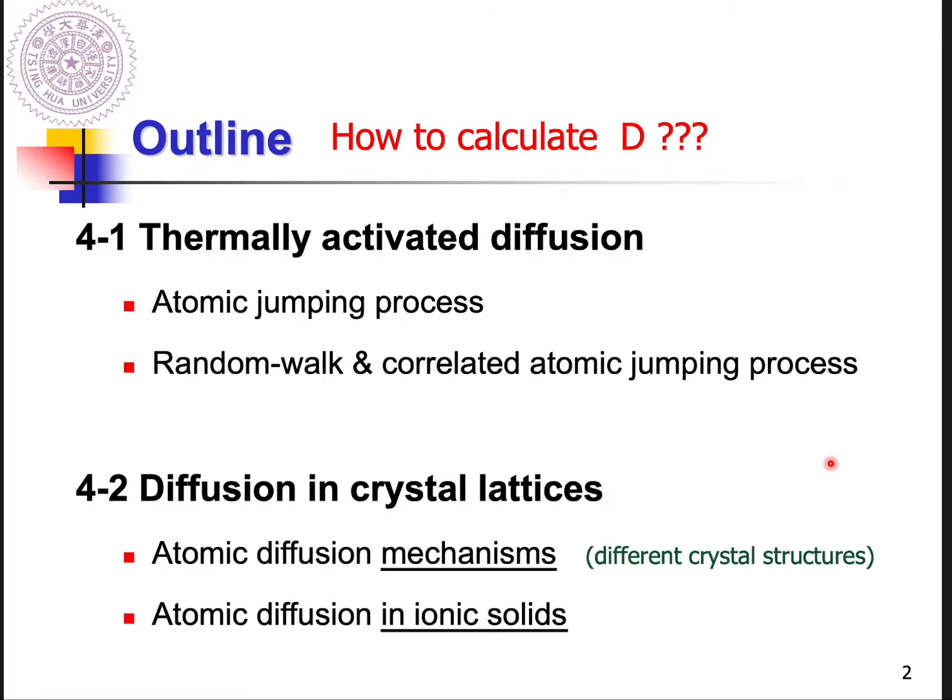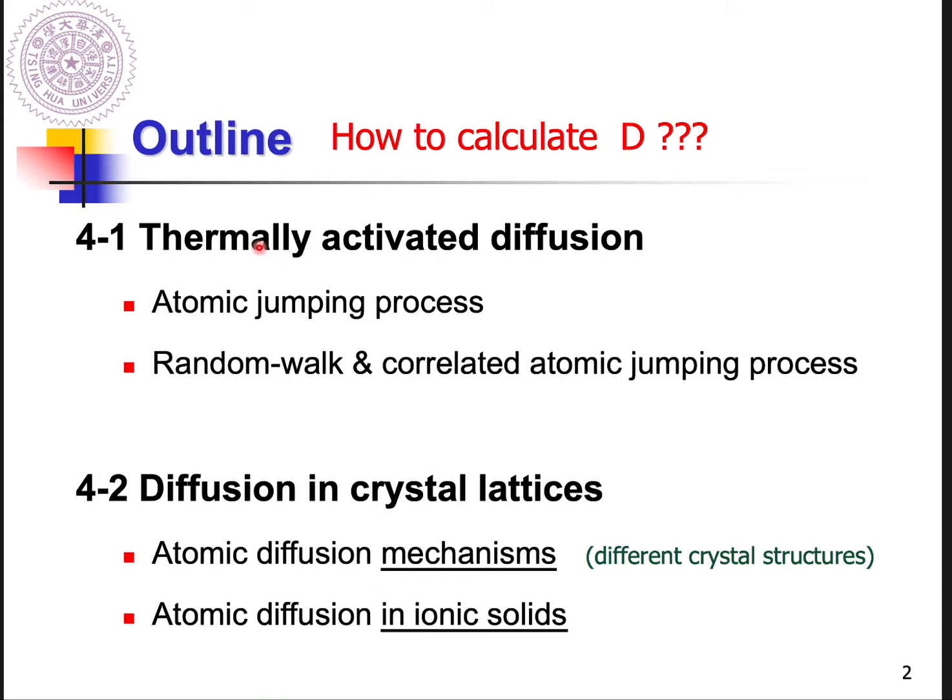These lectures can be simply divided into two sections. The first section is what we call thermally activated diffusion. The atoms can move or diffuse through your materials because these atoms have thermal energy.